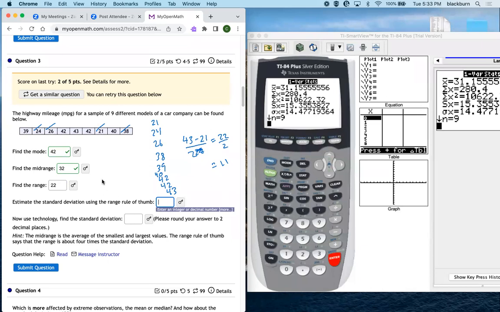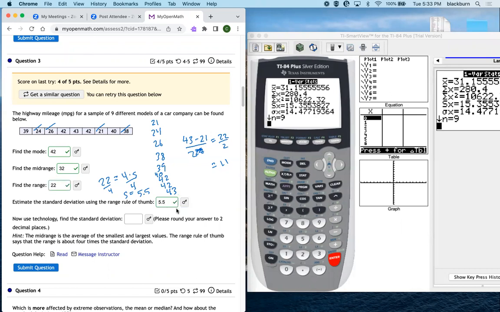So range is 4 times the standard deviation. So I divide both sides by 4 and I get 22 fourths. What's that? 5.5. So the standard deviation using the rule of thumb is 5.5.